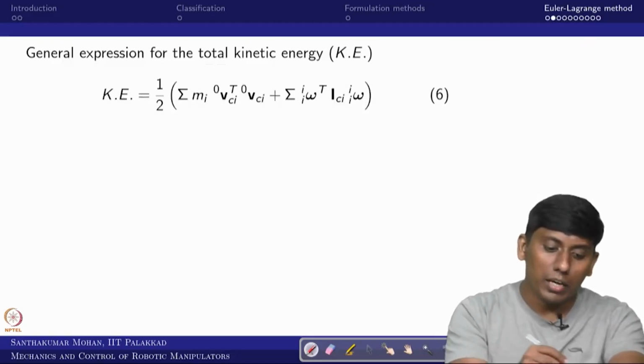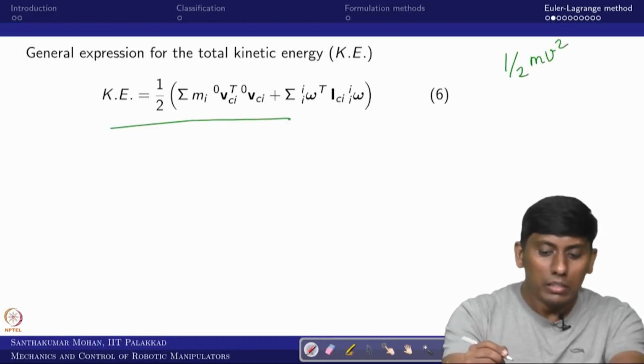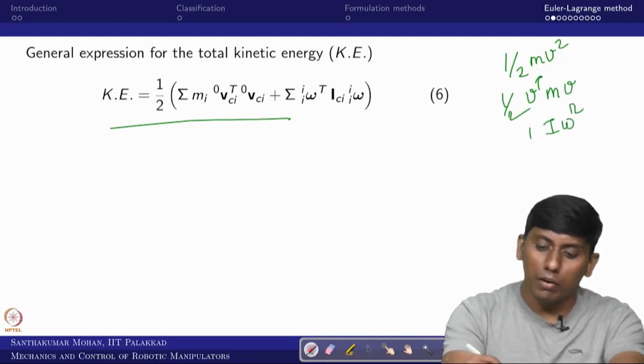So half m v squared is a scalar form, that you want to write in a vector form: half v transpose m v, so half would be common. Similarly, I omega squared is the scalar form, and the same thing in vector form is omega transpose I omega, where I is the matrix.